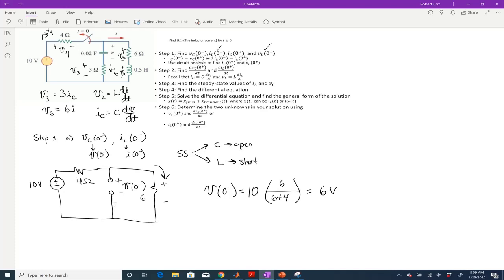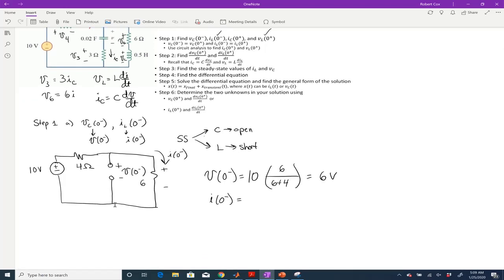So you can see that that would be 6 volts. Now, if I wanted to get I of 0 minus, the inductor current is the current in that branch. I of 0 minus becomes, well, I know I have 6 volts across it from the previous part, so 6 volts divided by 6 ohms is simply 1 amp.